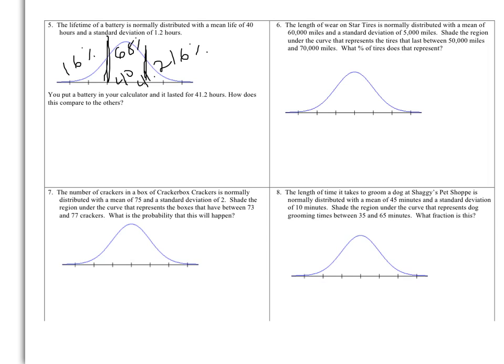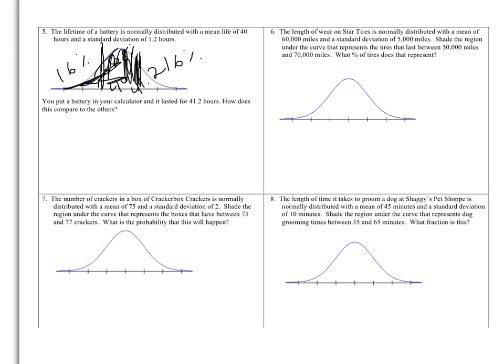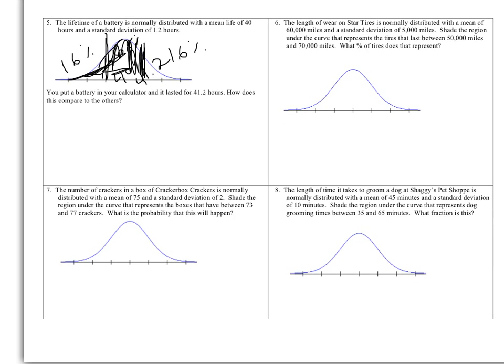So your battery is this part of the curve right here, which is 68 plus 16, and 68 plus 16 gives you 84%. So again, your battery is 84% better than other batteries.